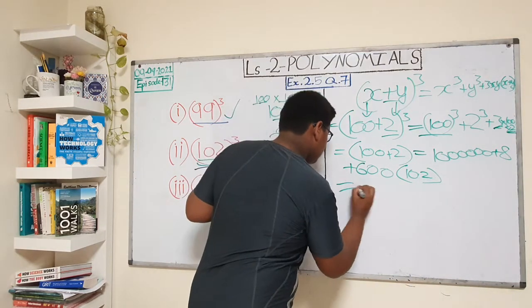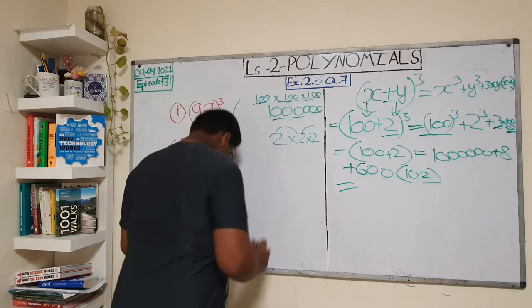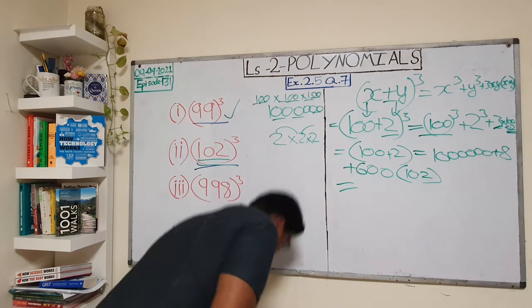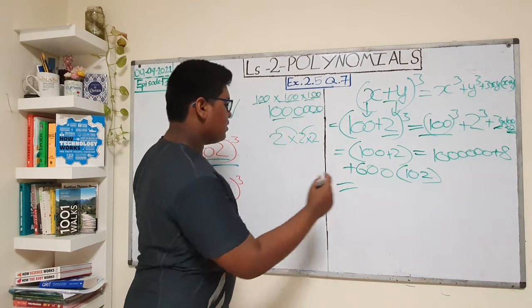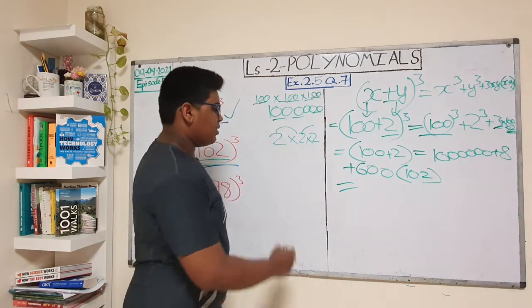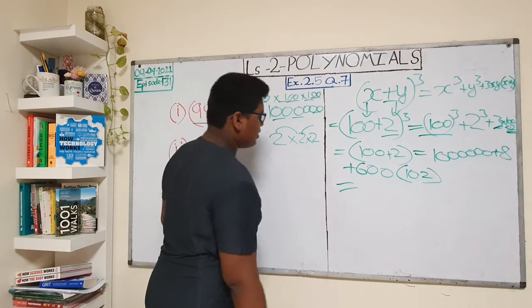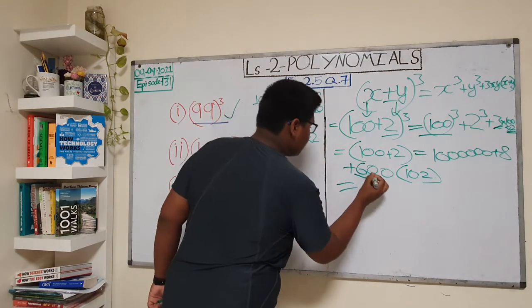Now let's move to the third step. Now we are having 102, so we have to multiply 600 into 102. What we can do, we don't need to add the zeros.